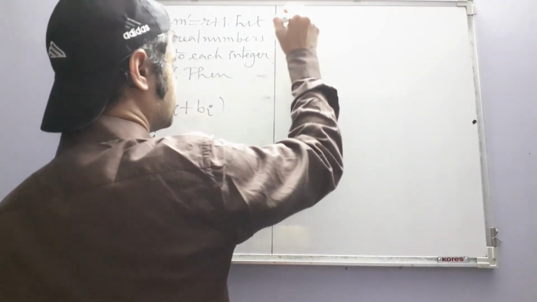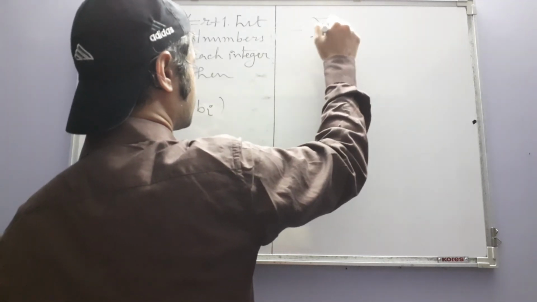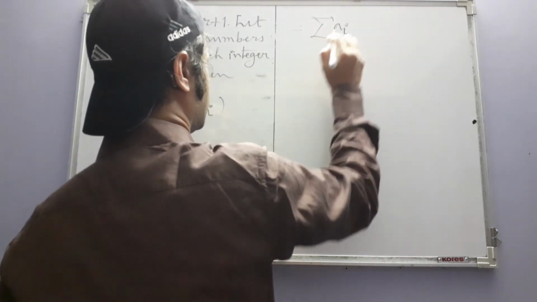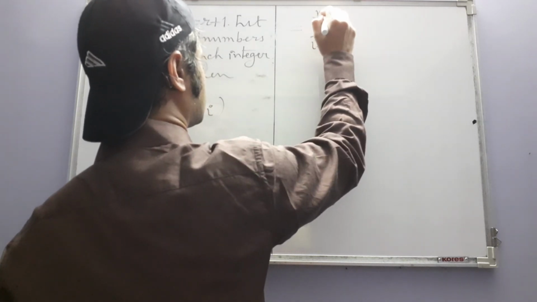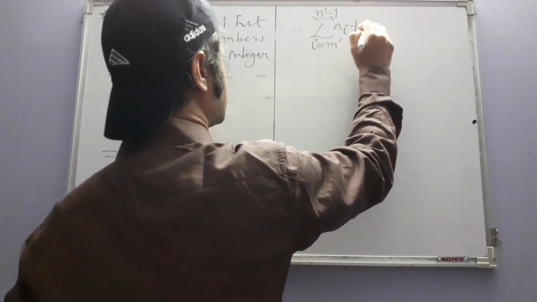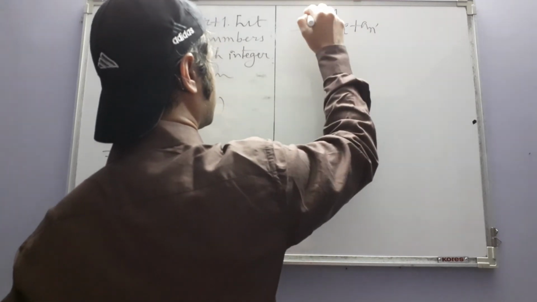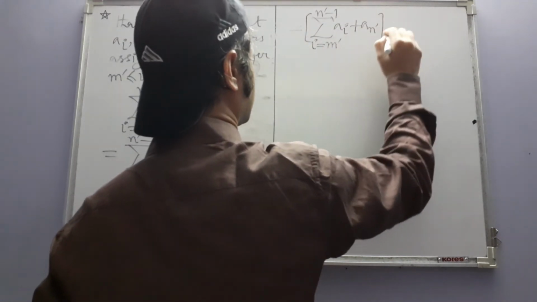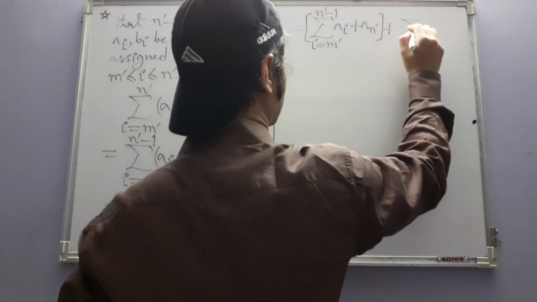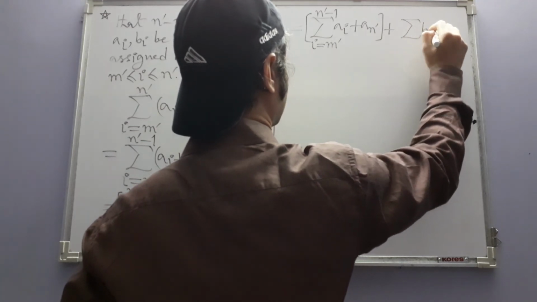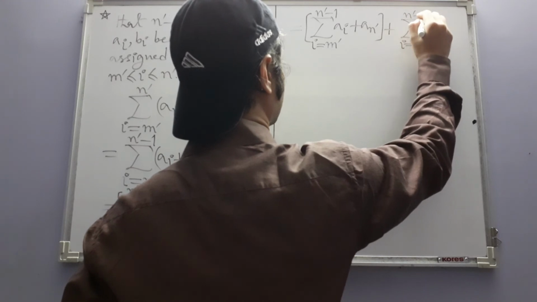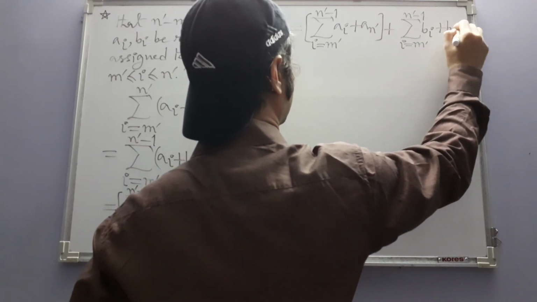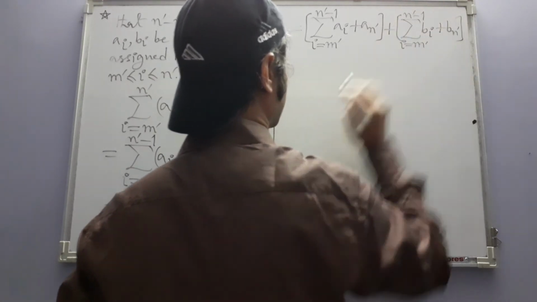That is, this thing is equal to the summation of a_i plus a_n prime, this is one thing, and then b_i plus b_n prime, this is the other thing.